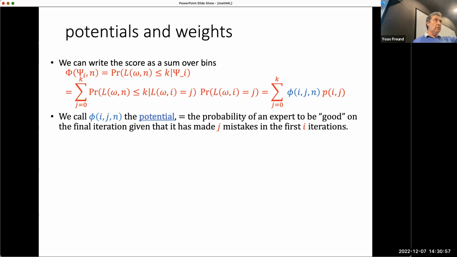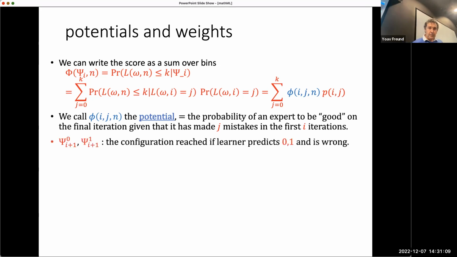So it's in a particular place, that single expert, and now we're going to play optimally with half-half. What's the probability that it will stay in the good part? Let's say these two configurations are the future configurations depending on whether you predicted 0 or predicted 1 and made a mistake.